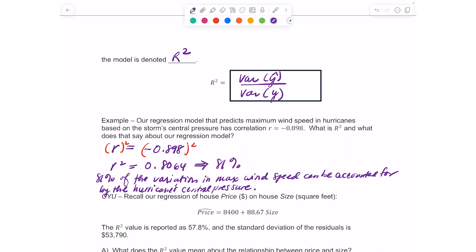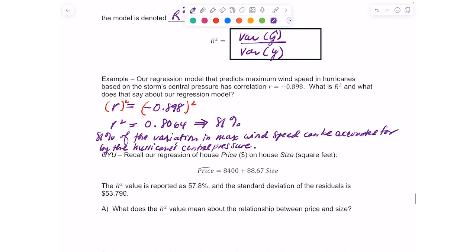Okay, some other factors could be temperature, when the storm is over land or sea, etc. But that's a high R squared value, 81%. So we're saying 81% of the variability in the maximum wind speed can be explained by the model for hurricanes and central pressure when that's used to predict.